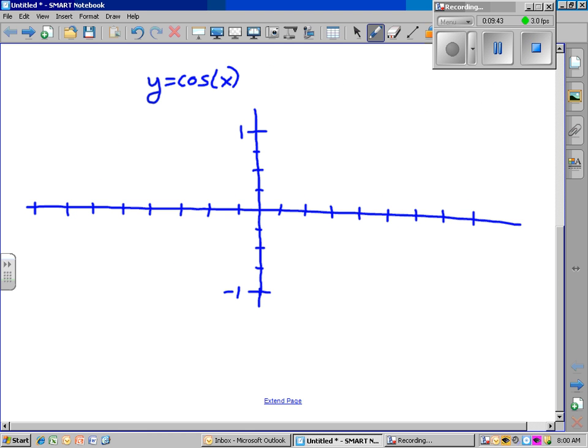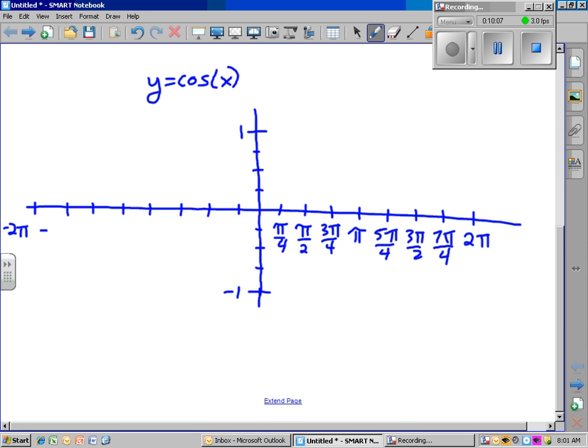So I might as well start labeling 1/4 pi, 2/4 pi, or pi over 2, 3/4 pi, 4/4 pi, 5/4 pi, 6/4 pi, 7/4 pi, 8/4 pi, and negatives the same. We'll start out here in the end.